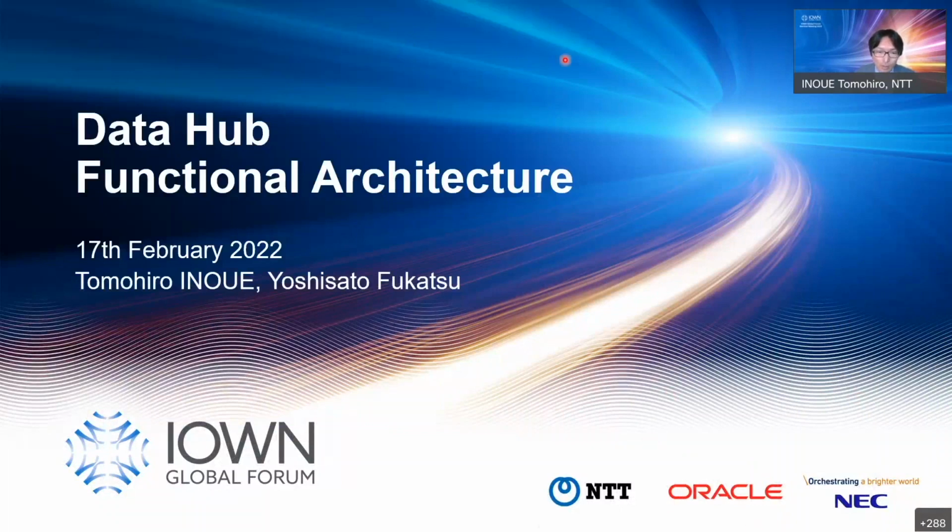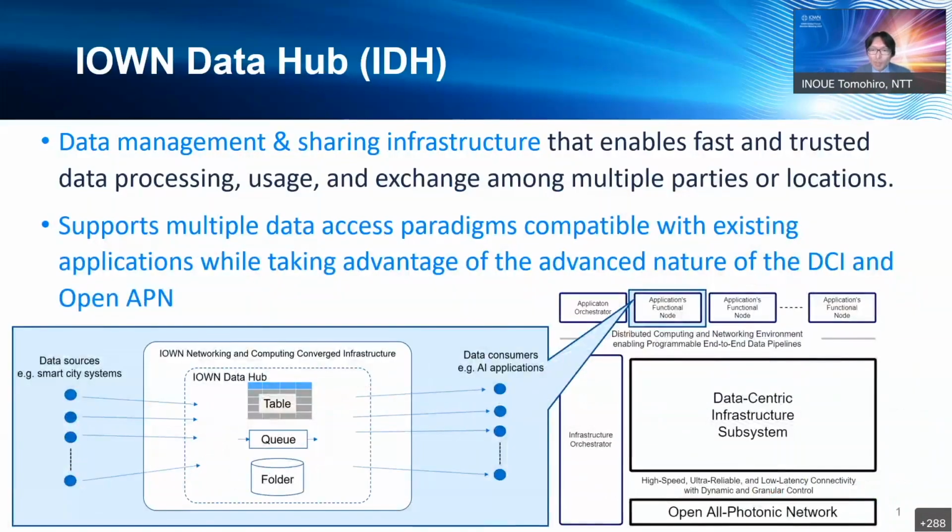So, the IOWN Data Hub, or shortly IDH, is a new data service that integrates database, storage, and other functions required in the IOWN era applications. It is also the data management and sharing infrastructure that enables fast data processing, usage, and exchange among multiple parties or locations.